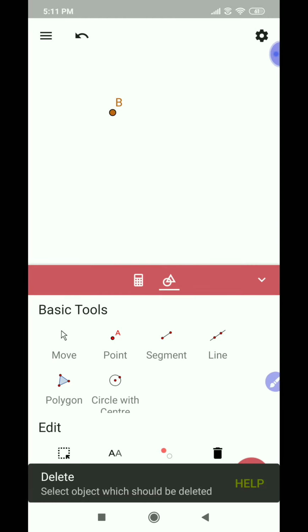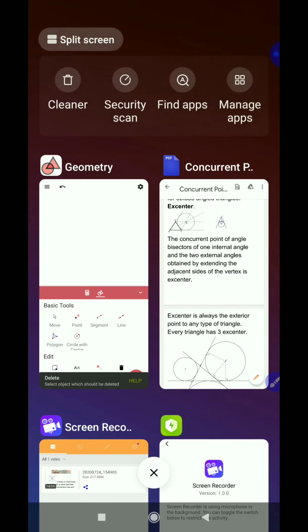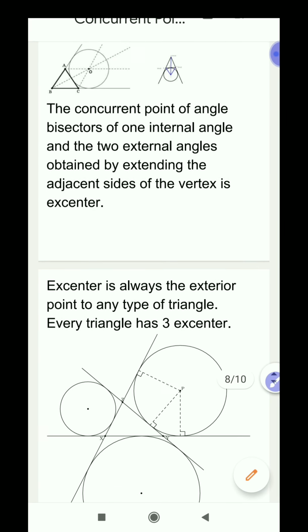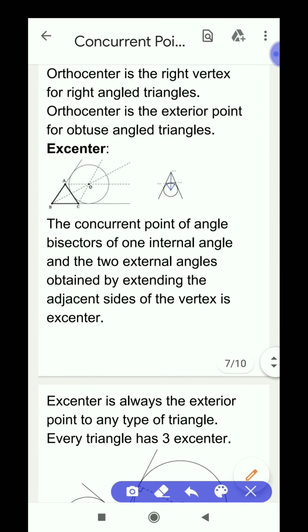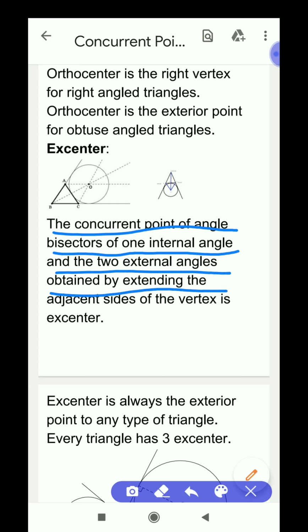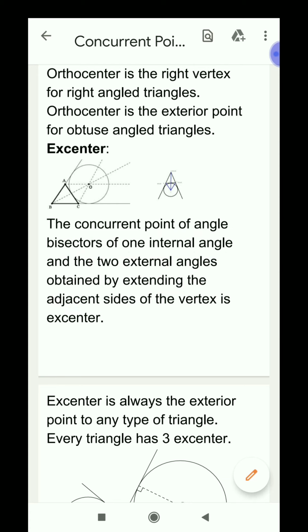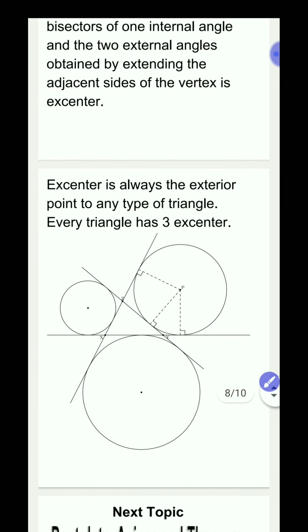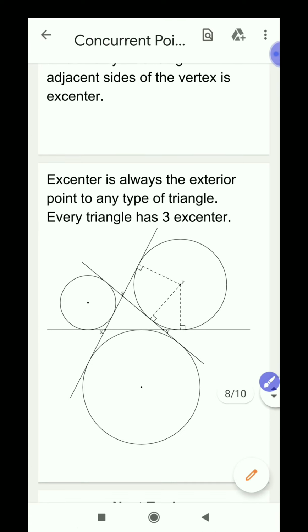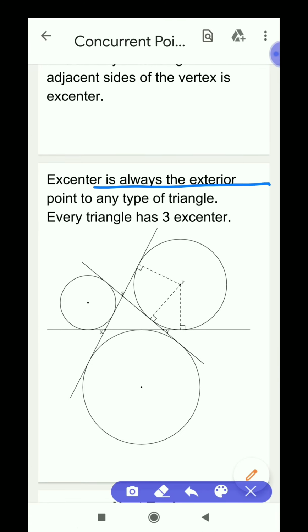What is our observation? The concurrent point of the angle bisectors of one internal angle and two external angles, obtained by extending the adjacent sides of the vertex, is the excenter. The excenter is always an exterior point of any type of triangle.